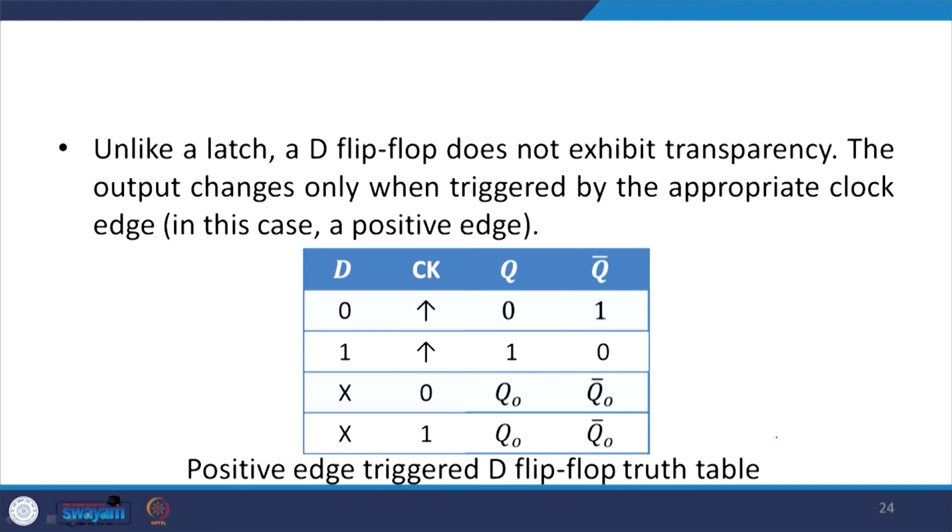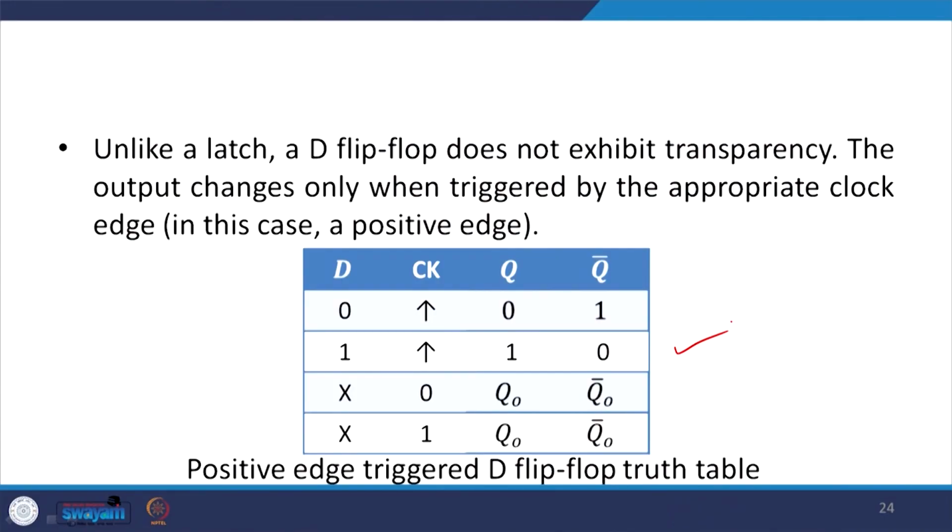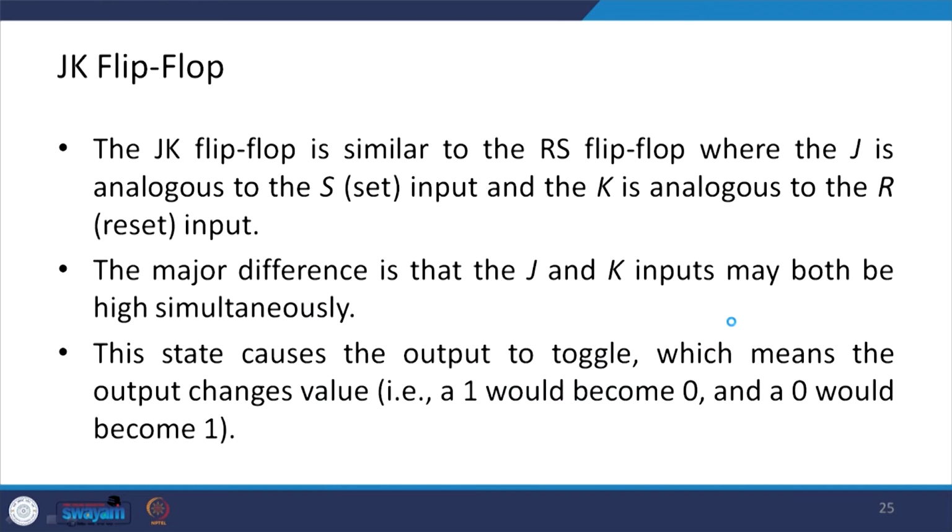Unlike a latch, the D flip flop does not exhibit transparency, so the output changes only when triggered by the appropriate clock edges. And here is the truth table for the D flip flop.